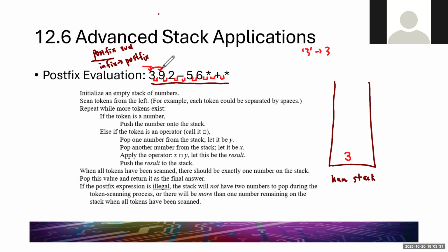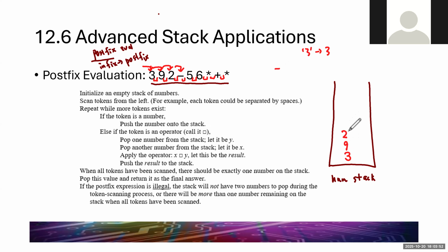Then you continue your scan. It's a number, you push it to the stack. Again a number, you push it to the stack. Next is the operator, minus. If it is an operator, you need to pop the top two numbers out of the stack.